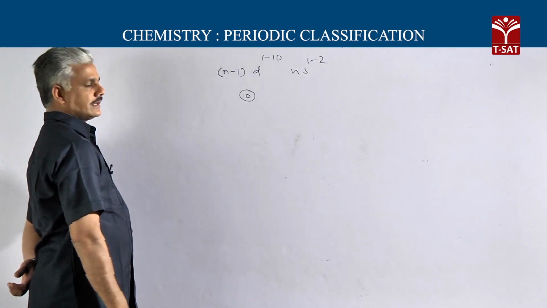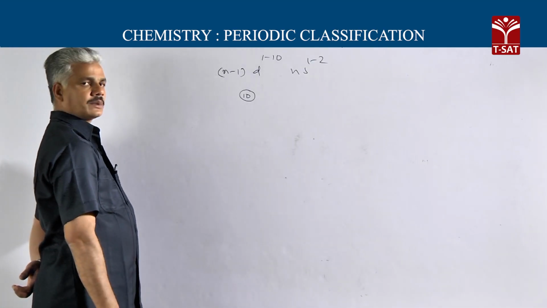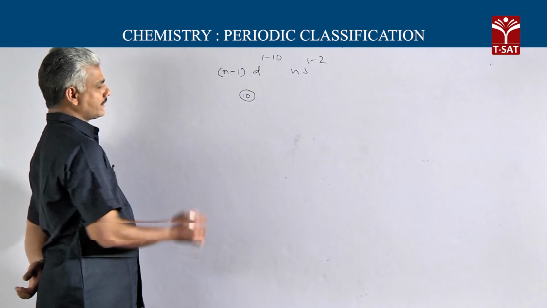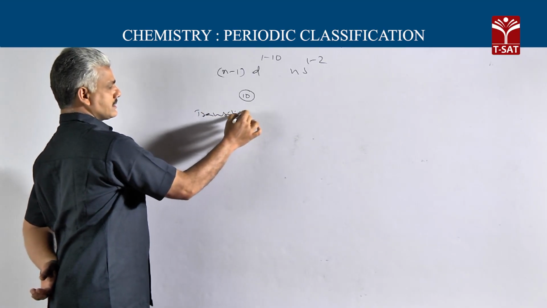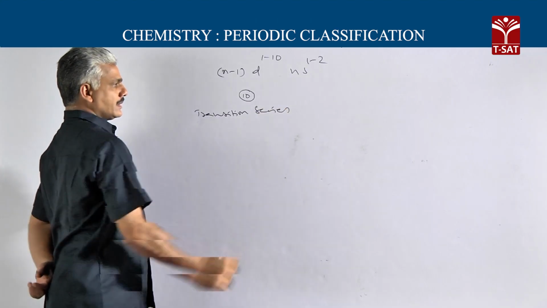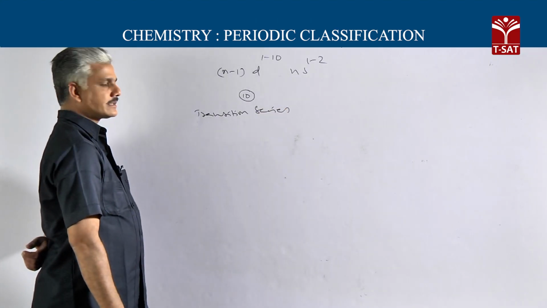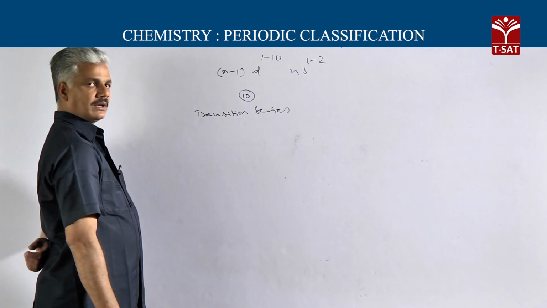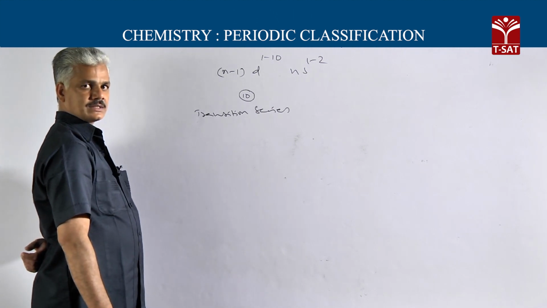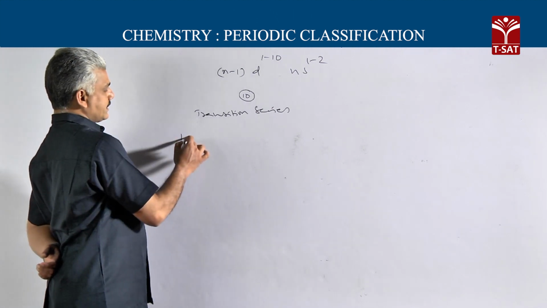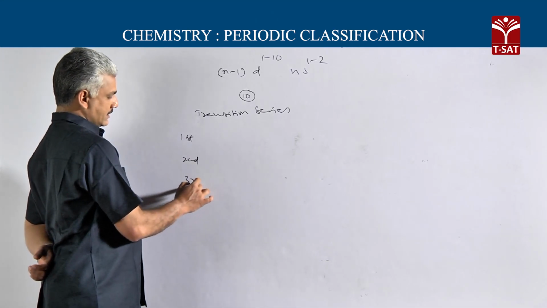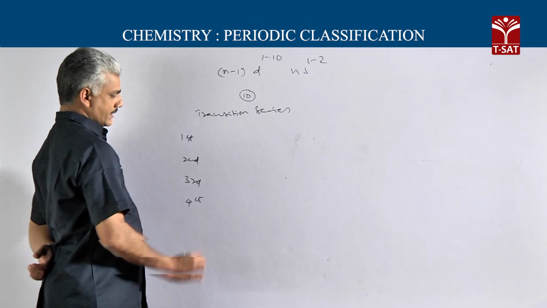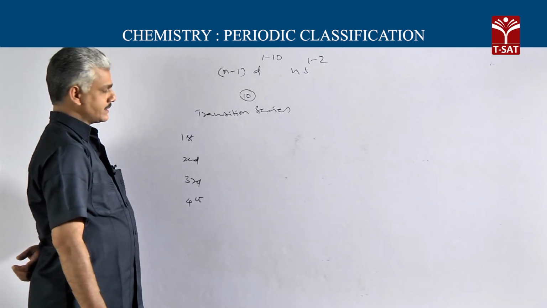However, these elements are not studied group wise, but in the form of 4 series called transition series. In each series, 10 elements are present and a total of 4 transition series are there: first transition series, second transition series, third transition series and fourth transition series.